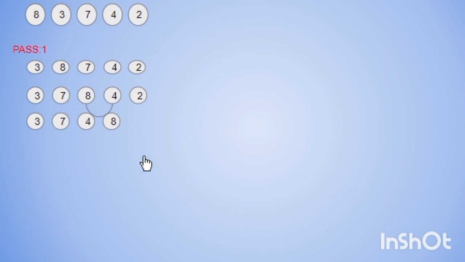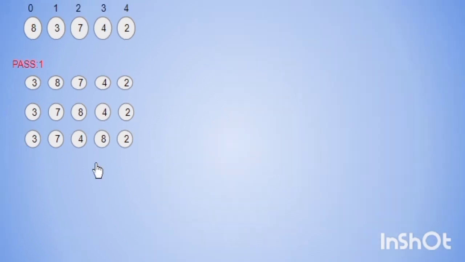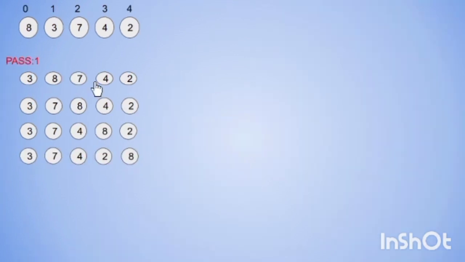Now check 8 and 2. Is 2 smaller than 8? Yes, it is. So swap them. 2 will come here and 8 will come here. Now we do not have any element on the right side to check, so we will stop our loop here.